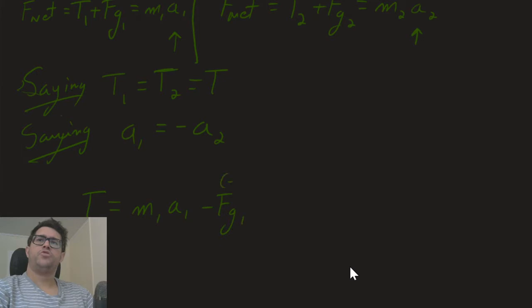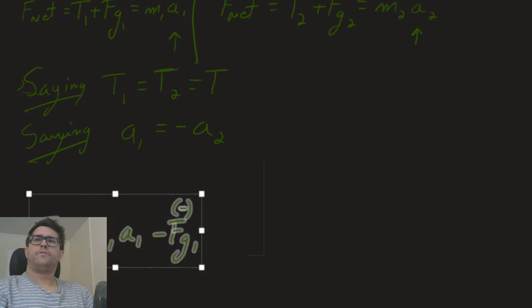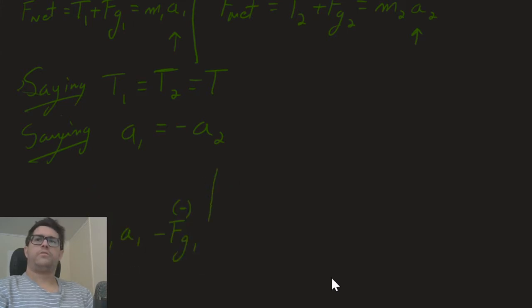Now remember, this Fg is the negative G. And for the other part, we're also saying that T2 or T is equal to M2A2 minus F2.